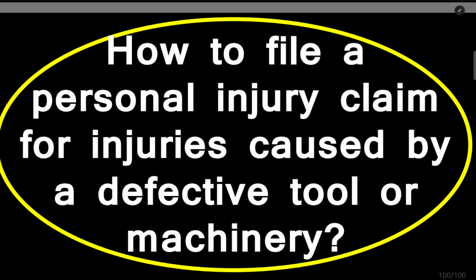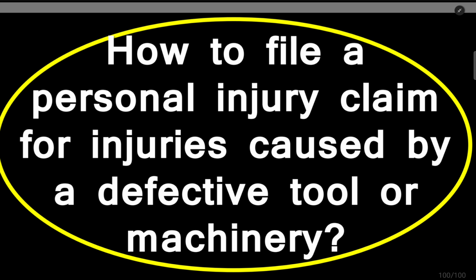In this video, we will go through everything step by step. You will learn who may be responsible, what evidence you need, and how to go through the legal process. If you or someone you know has been injured by faulty equipment, this information will help you take the right step.